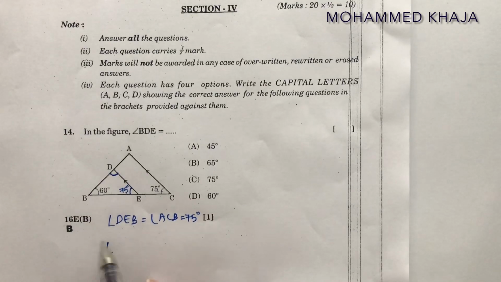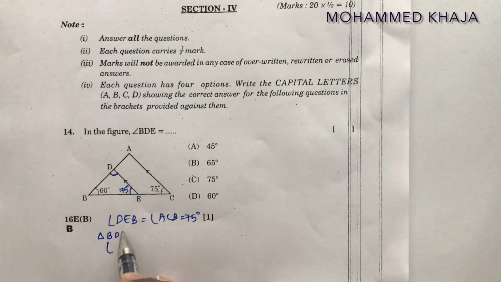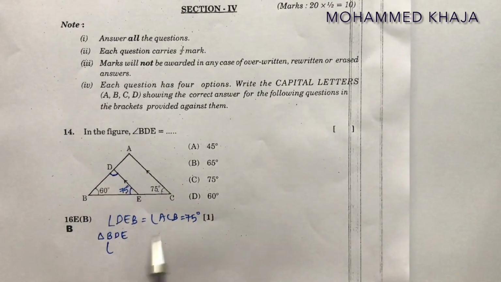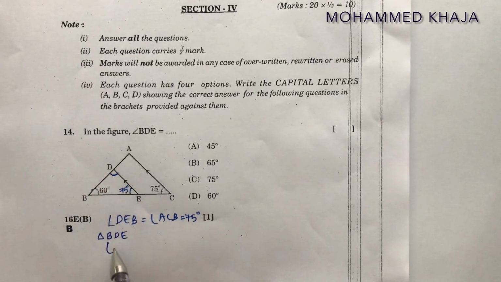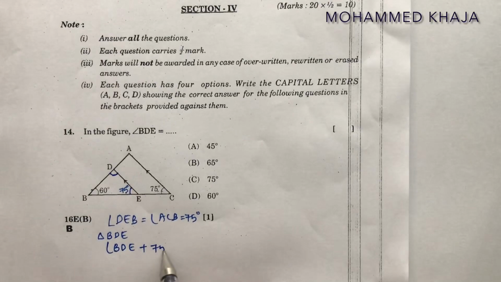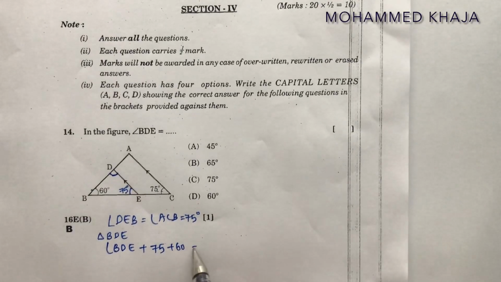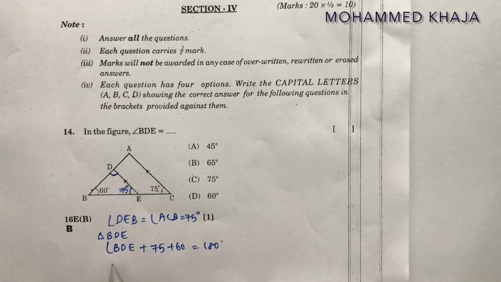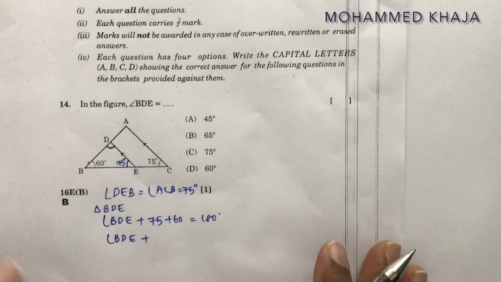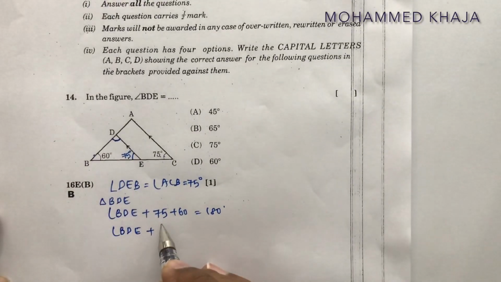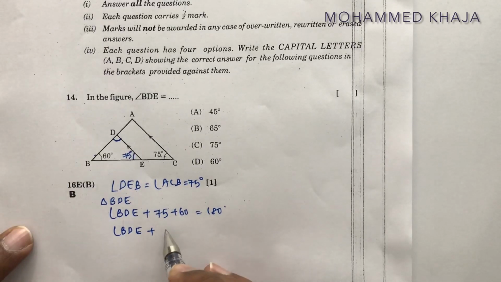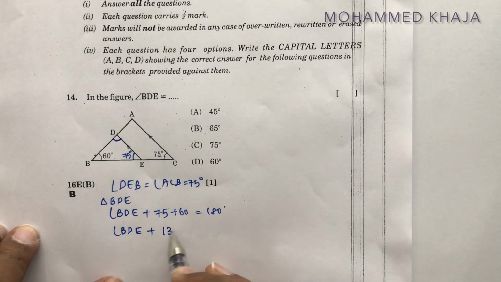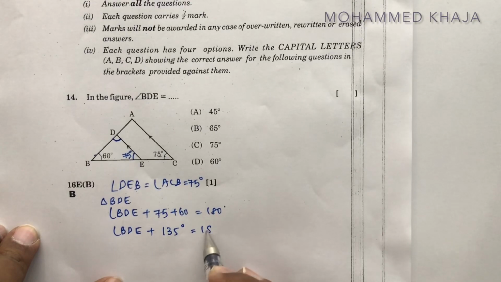So in triangle BDE, if we take three angles, one is BDE, angle BDE plus 75 plus 60 equals 180. So BDE plus 75 plus 60 is 135. 135 degrees equals 180.